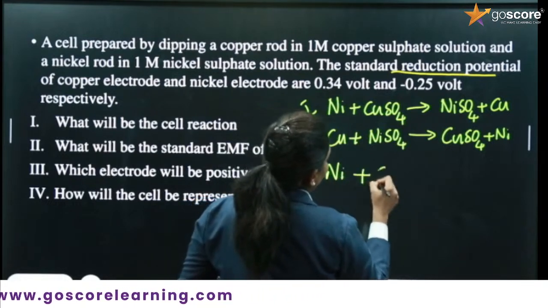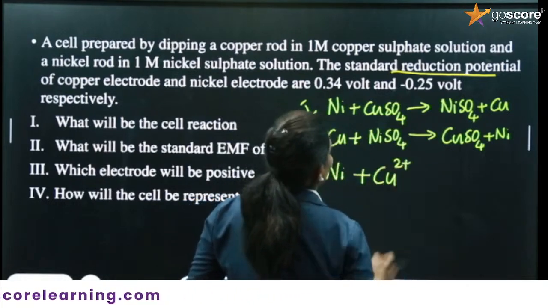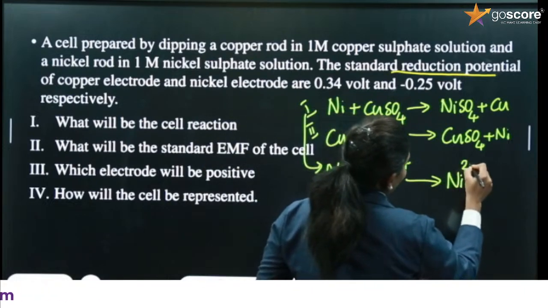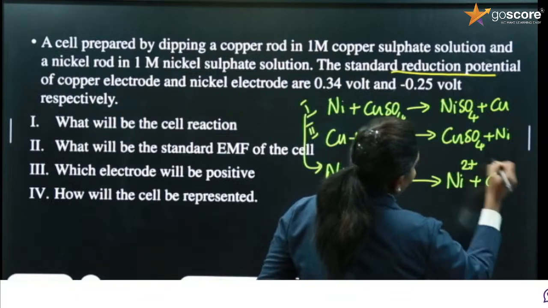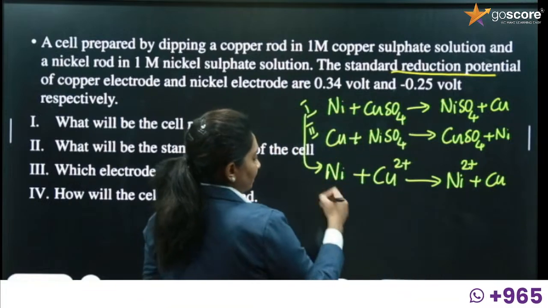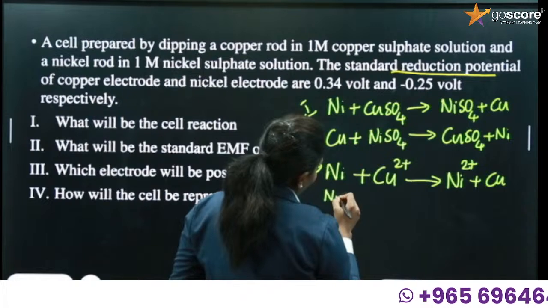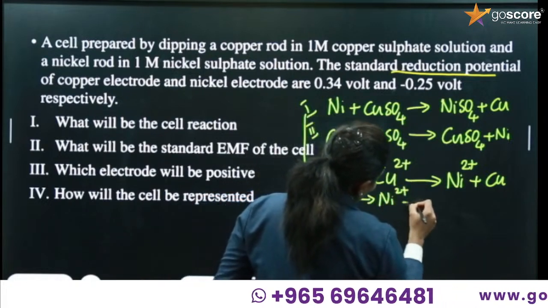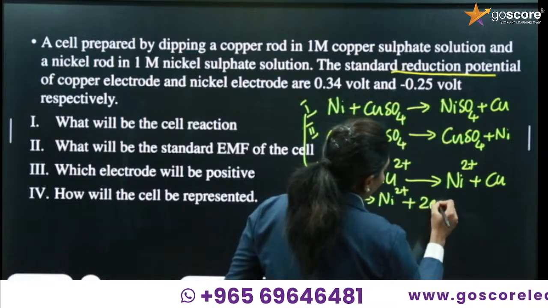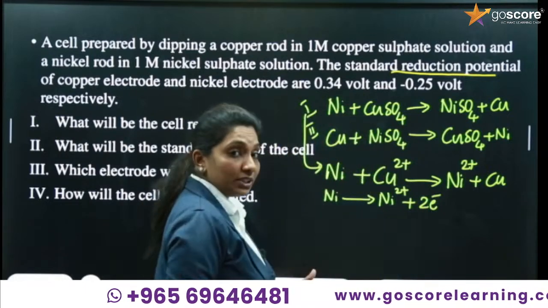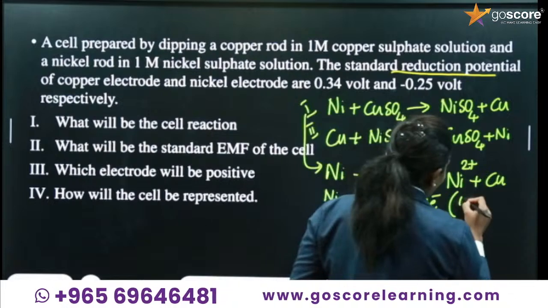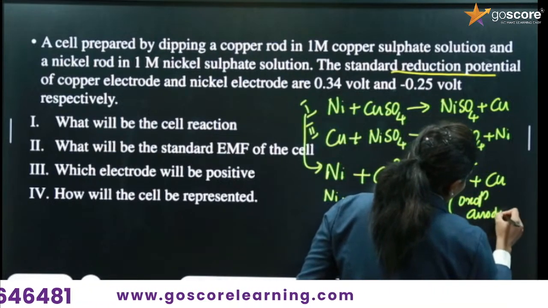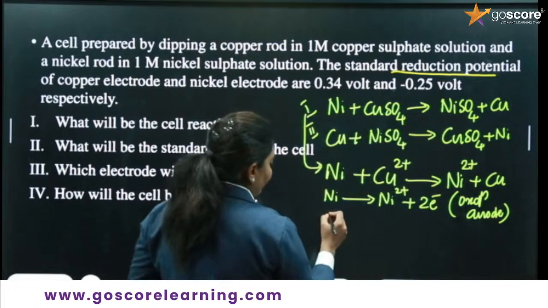So in the first case, what is happening? Nickel plus copper sulfate, which contains Cu2+ ions, will give Ni2+ and copper. Here the nickel will be converting into Ni2+ nickel ion plus 2 electrons. That means it is losing the electron, it is undergoing oxidation and it will act as the anode, right?